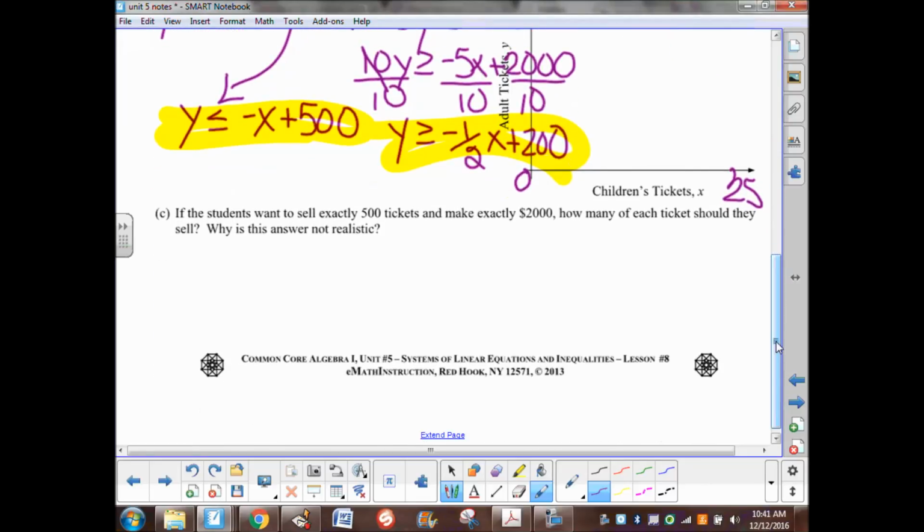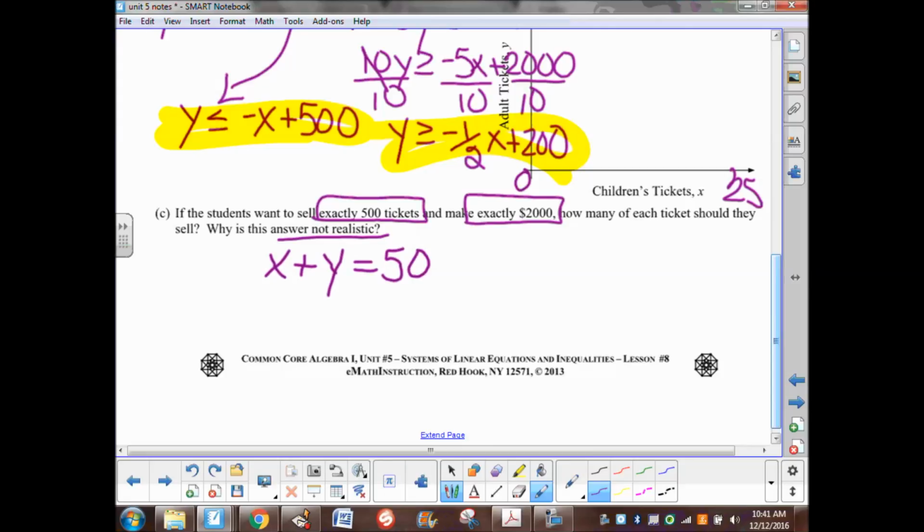It says if the students want to sell exactly 500 tickets and make exactly $2,000, how many of each should they sell? Why is this answer not realistic? That word exactly is going to be the key there. So let's look and see what this means.